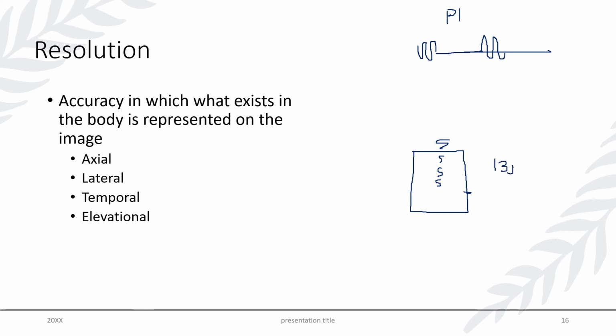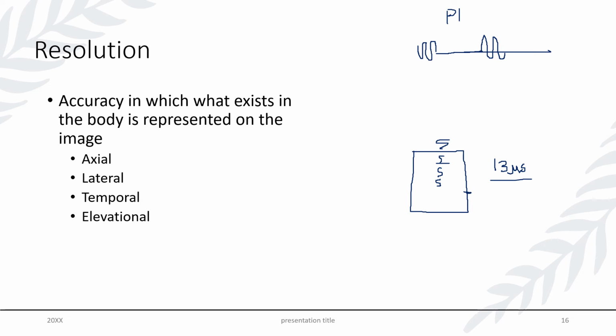13 microseconds per centimeter. Now that is just a value that has been calculated according to the propagation speed of soft tissue. If I have a propagation speed in soft tissue like we talked about of 1540 meters per second, they utilize that propagation speed to determine that for a sound pulse to travel 1 centimeter to an object and back, it would be gone 13 microseconds.